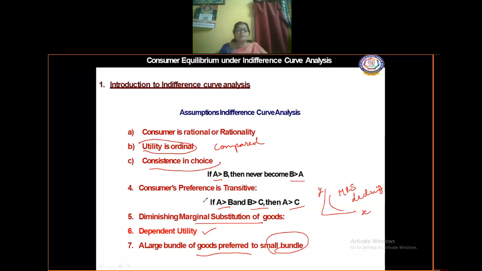So preference is transitive, that is, we can shift from one good's preference to another good. And the choice is consistent, it is continuous, and the satisfaction is constant. So diminishing marginal substitution occurs when one good is sacrificed for another good and is dependent on utility. So only the utility is important. Now, a large bundle of goods is preferred for a fixed income rather than a small bundle of goods.